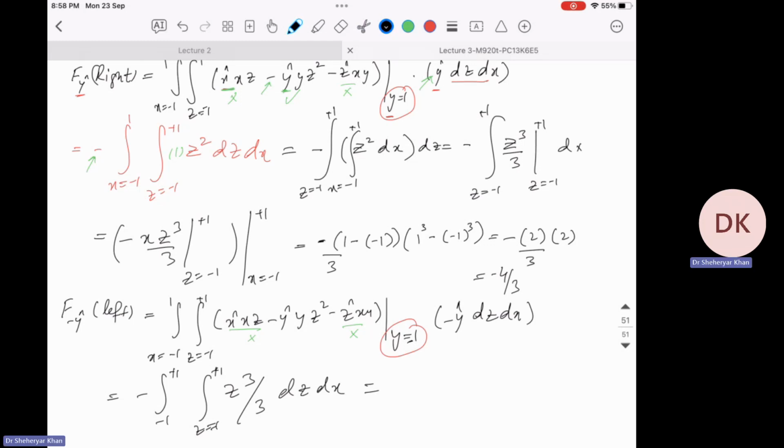which is exactly equal to the previous question. Okay, so this integral and this integral are exactly same. So we will again write minus 4 by 3. So you can see our answer is this. We have two 4 by 3, minus 4 by 3, and two zeros.